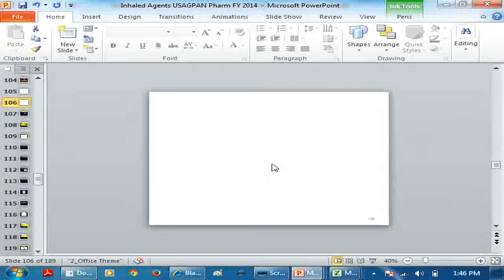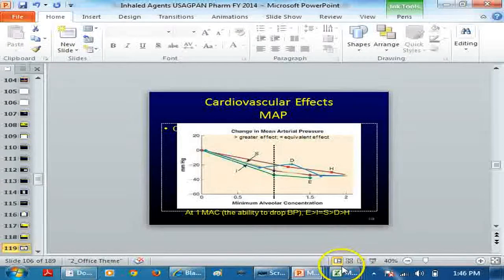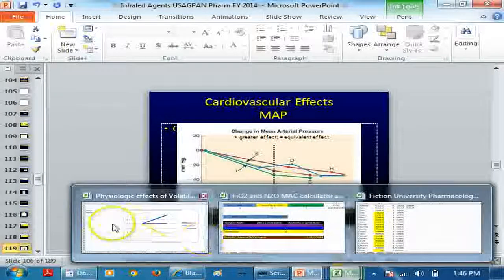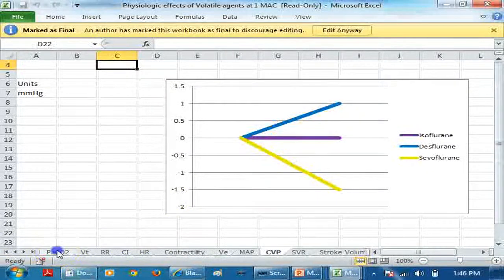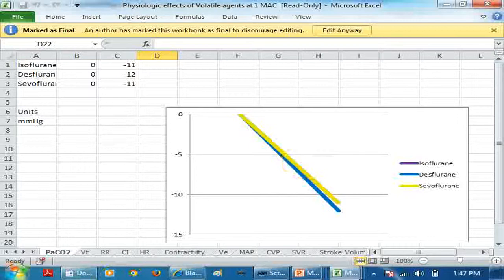All right, I also gave you another file in your lectures that helps summarize those graphs out of Barash. I looked at them and I said, man, they're messy. And you all understand what the graphs are talking about?